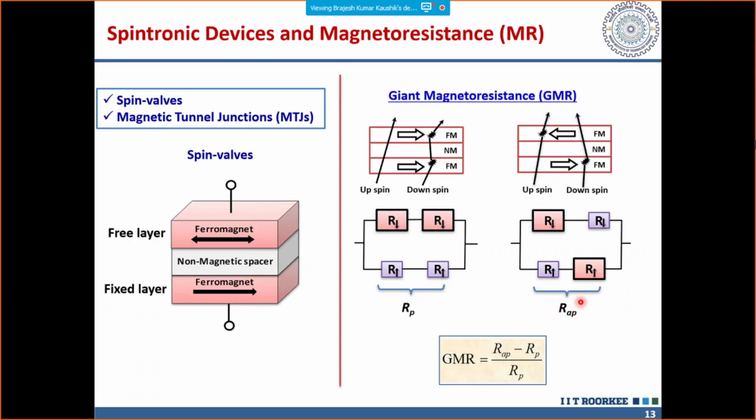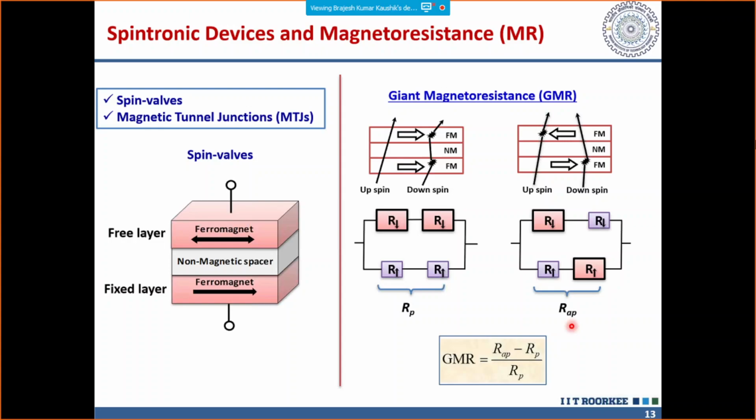Accordingly, the resistance would be RP and RAP, two different values. Based on these two states, you'll have GMR, which is RAP minus RP divided by RP. So the difference in the two resistances with respect to your parallel resistance, the lower resistance, will let you know how much the GMR is.